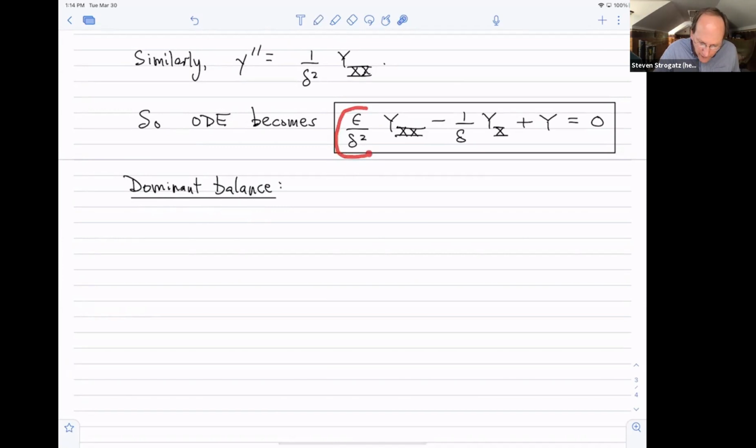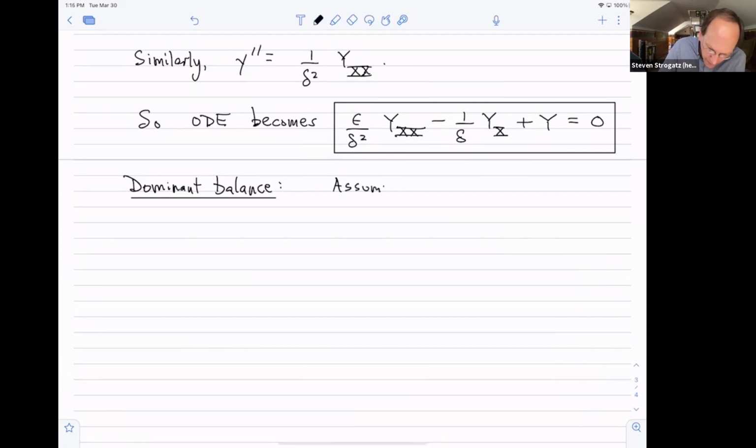Things like this term, the epsilon over delta squared, or the 1 over delta, or the prefactor of 1 that's invisibly multiplying this capital Y. And because we're assuming that the big Y is all of order 1, and its derivatives as well. If we've chosen the scales correctly in x, Y and its derivatives should be order 1. That's what it means to have captured the rapid variation in the layer.